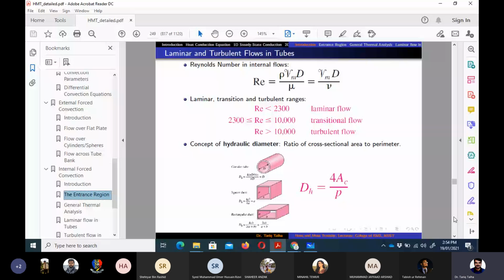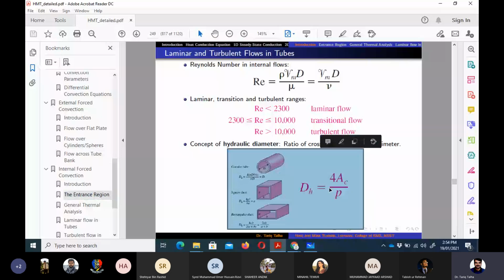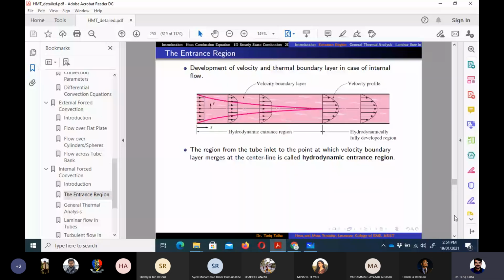If we have non-circular pipes, we need to use the hydraulic diameter to calculate the effective diameter for the Reynolds number. Then we discussed the entrance region.